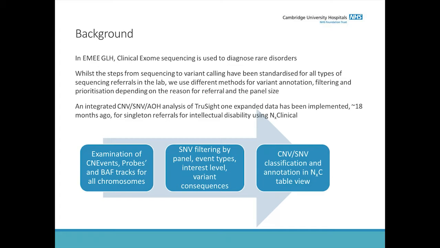So first of all, we examine all the copy number events in NX Clinical using the probes and the B allele frequency tracks in the software, and we do that for all the chromosomes.